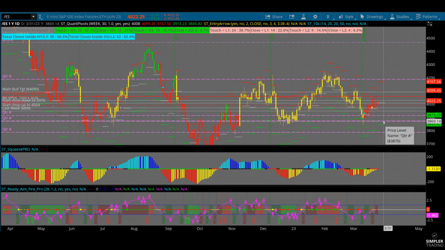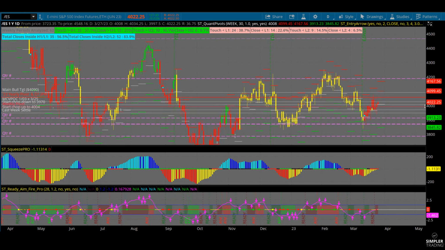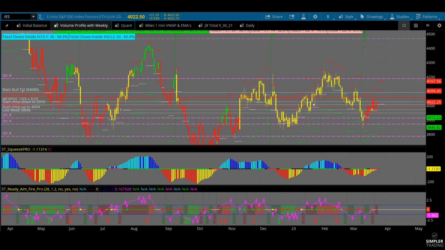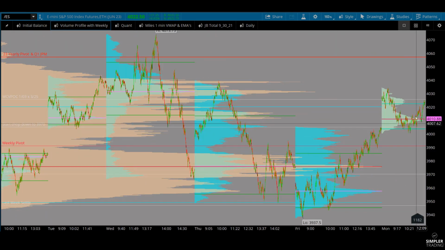Those are the same bear targets I gave you last week if this thing were to roll over and be bearish. Otherwise, any dips into like 38.75 and maybe 39.75 and 39.60 are bought for the targets that I gave you higher.